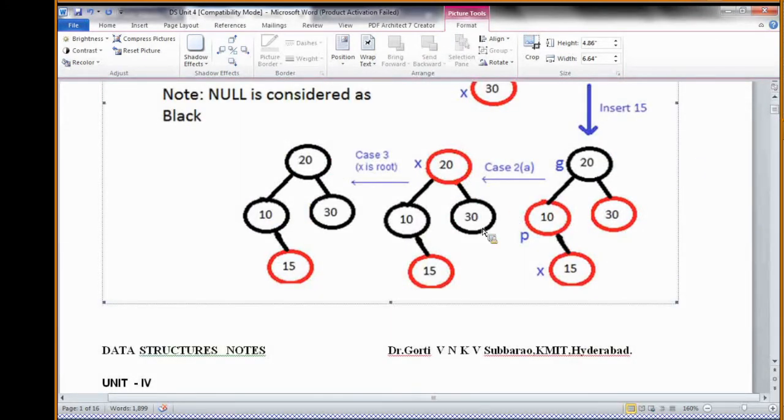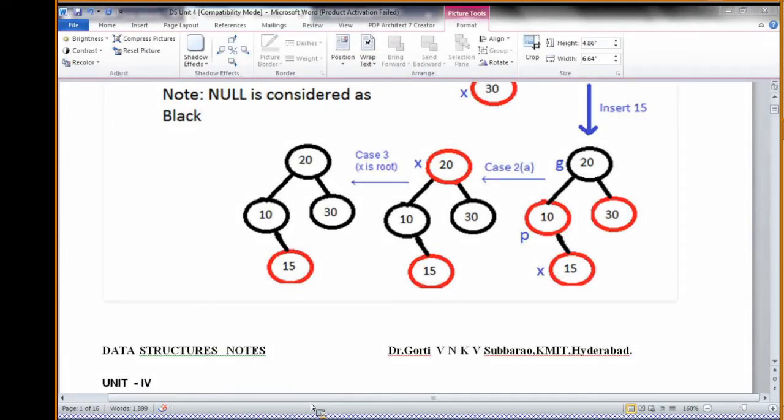As the new node 15 is red, we make its parent 10 and the sibling 30 black, and 20, the grandparent of 15, we make red. If 20 is not the root, we make it red, and then 10 and 30 are black, and 15 is red. It satisfies the red black properties.